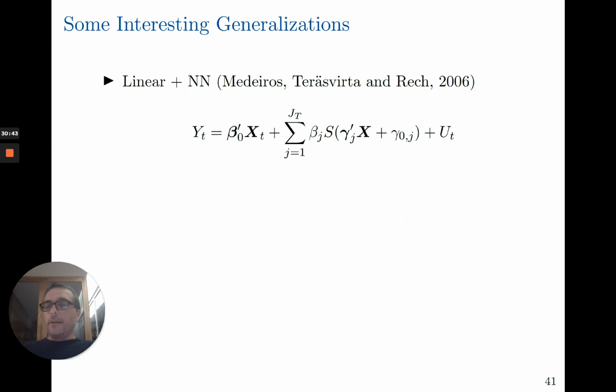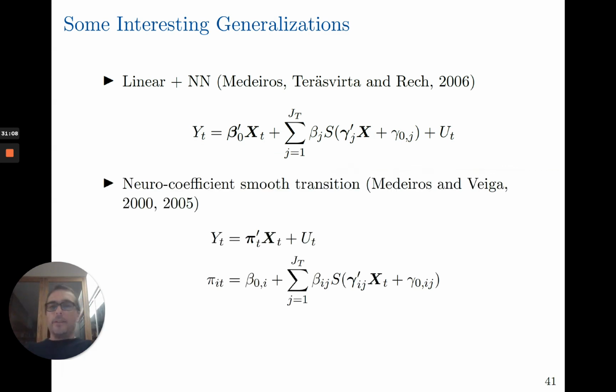Okay, some food for thought. We can combine neural networks, like linear plus neural network. That's a paper that I have with two co-authors. So we have a linear term plus a neural network. Basically, you start with a linear model, and if the linear model is not enough, then you include some nonlinearity.